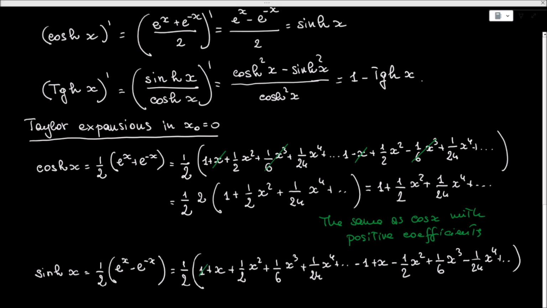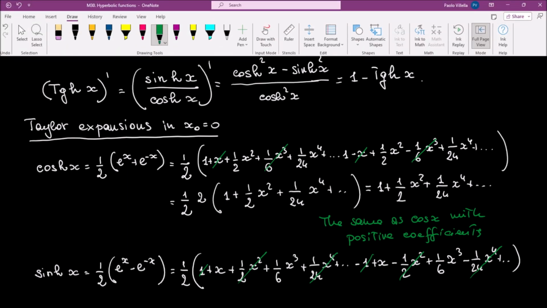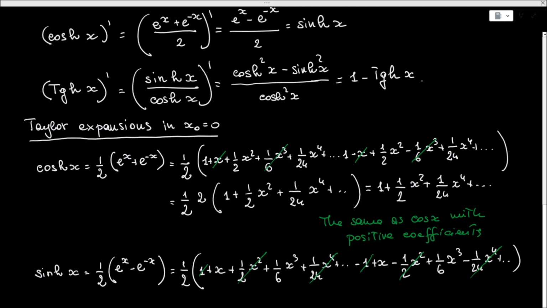And in fact 1 and minus 1, 1/2 x to the square and minus 1/2 x to the square, 1/24 x to the 4th, minus 1/24 x to the 4th, and we can easily conclude then that this is equal to x plus 1/6 x to the cube plus 1/120 x to the 5th, so on and so forth.